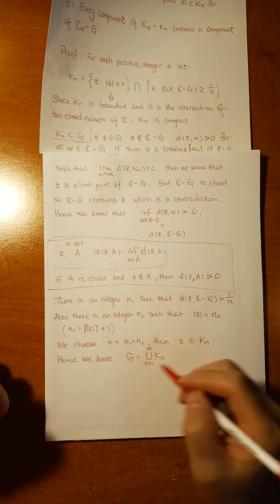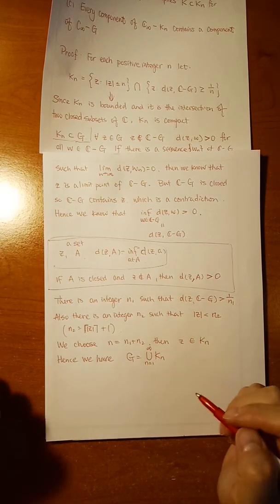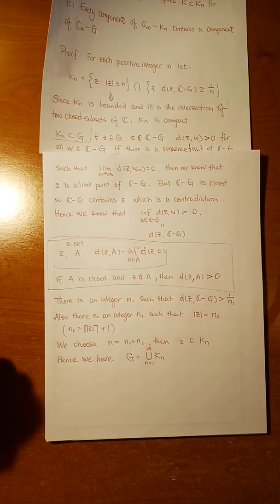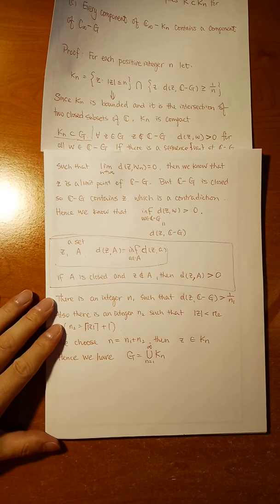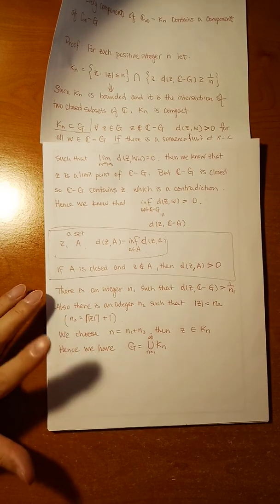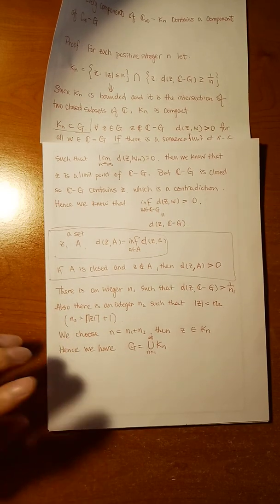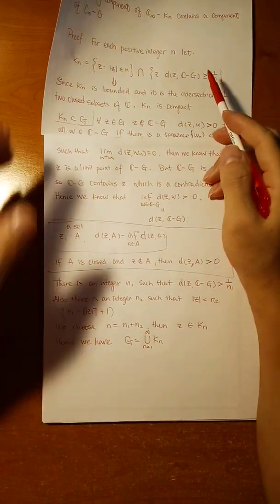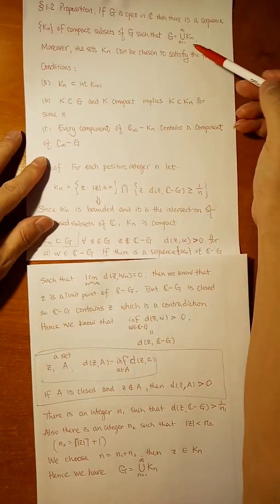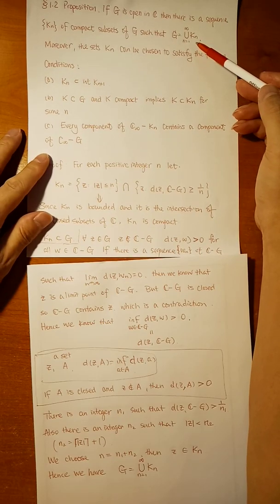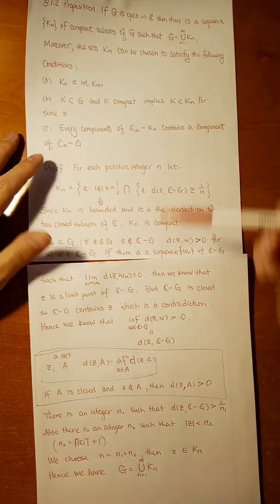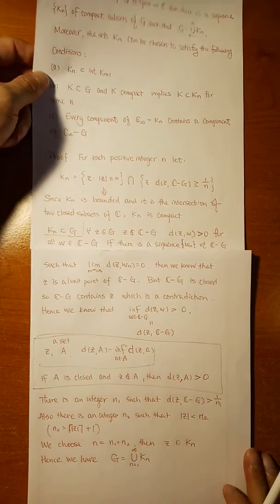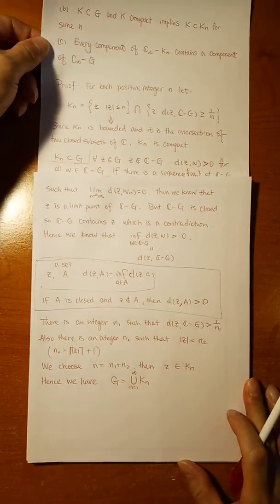All the kn are the subset. Every element belongs to one of those kn. So the G is equal to the union of kn. All right. So here, this is the rigorous proof of the first condition. We want to get this condition. This part is skipped by the textbook, so I'm trying to provide the complete proof.